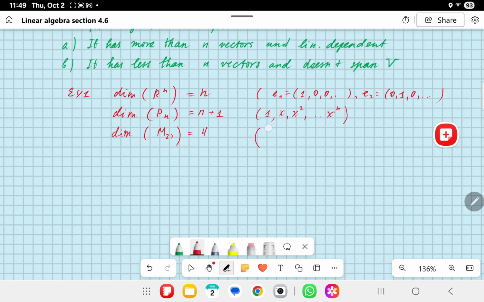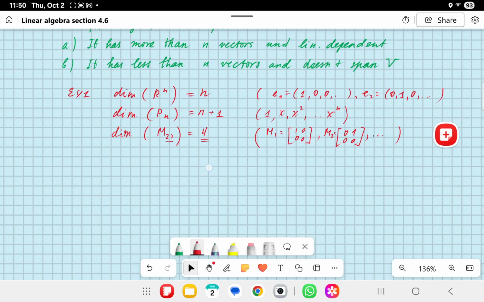I'm going to remind you, M1 is 1, 0, 0, 0, and M2 is 0, 1, 0, 0, and so on. In total, there are going to be 4 different matrices. Again, the standard basis here has 4. Well, if you have a different size of the matrices, it's going to be a different number here, right?